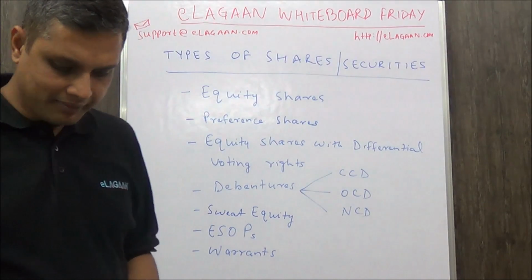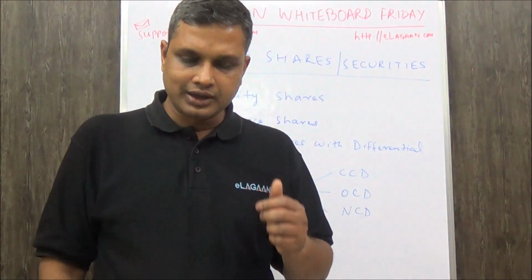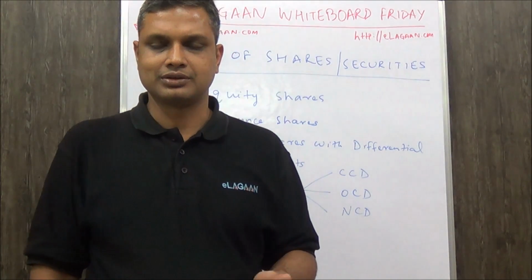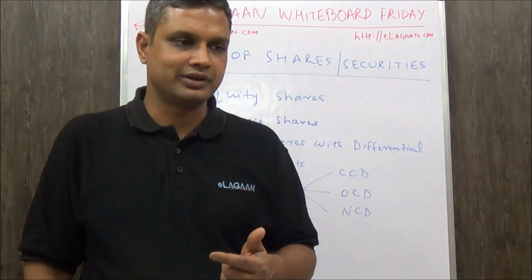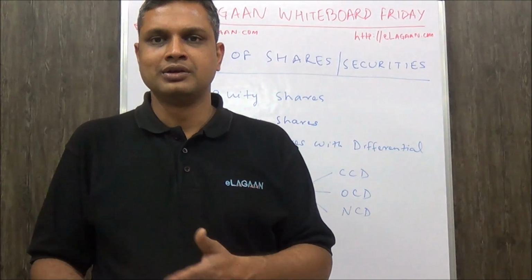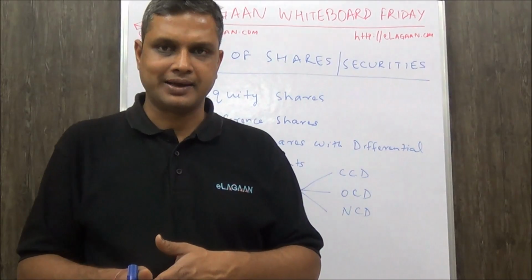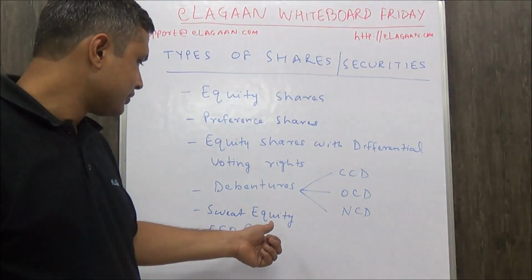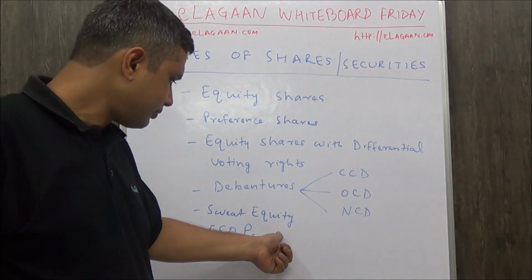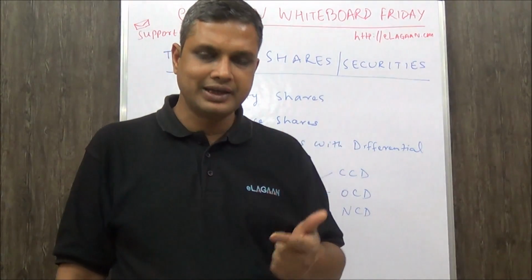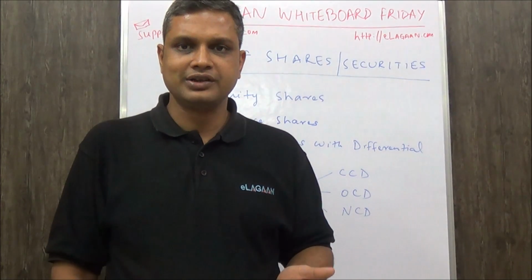On sweat equity, coming back, the company should have already completed 1 year of operations. That is, from the date of commencement of business, 1 year should have already elapsed. Secondly, sweat equity can be given only after 1 year of the association of the employee.